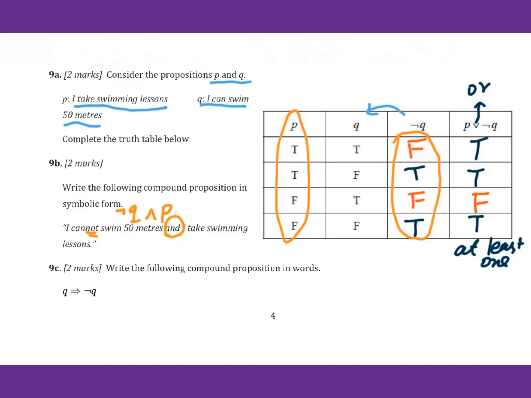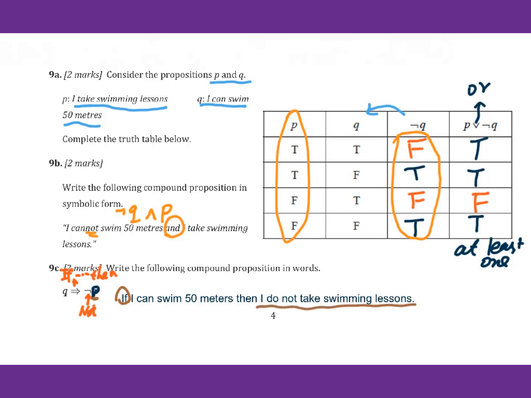Write the following compound proposition in words. Let's check the meaning of the symbols. This one means if, then. This will be not. There was a mistake for 9C. This will be P. So we have, if I can swim 50 meters, then I don't take swimming lessons.